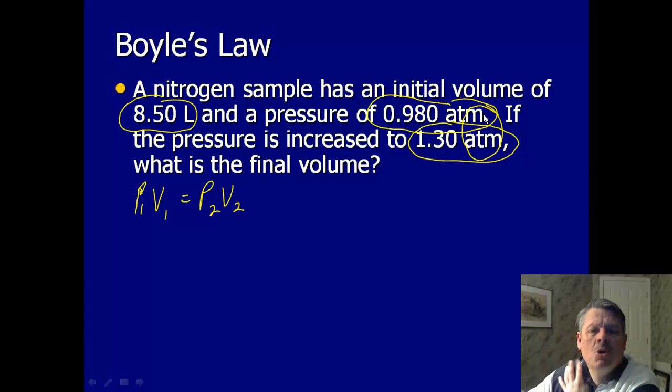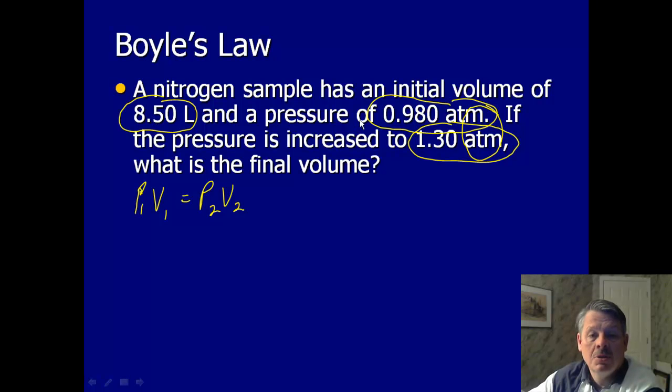The units don't matter so long as the units are the same. If we were doing this with kilopascals or millimeters of mercury, it wouldn't make any difference so long as the units are the same. You can't mix atm and millimeters of mercury. In that case you have to choose one, do your math in one, and then convert to the other. But so long as you're consistent, that's fine.